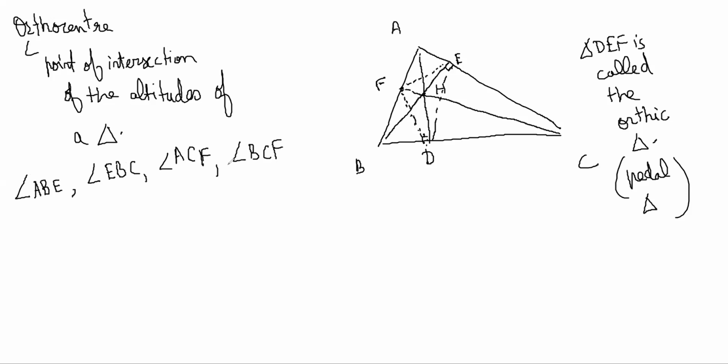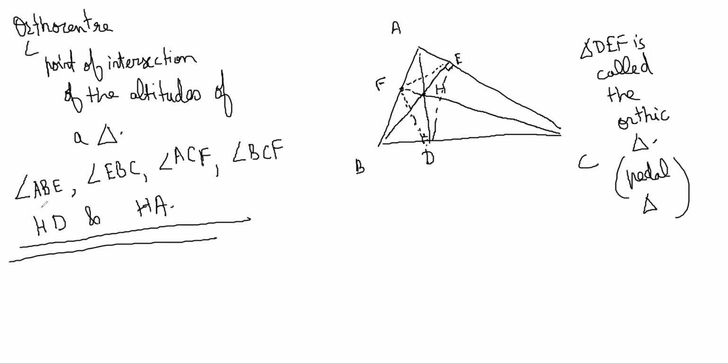Then I want you to find distance HD and distance HA. Try and think of how to find HD and HA. You have like 4 to 5 minutes. First find the angles, then find the distances. Just try it.